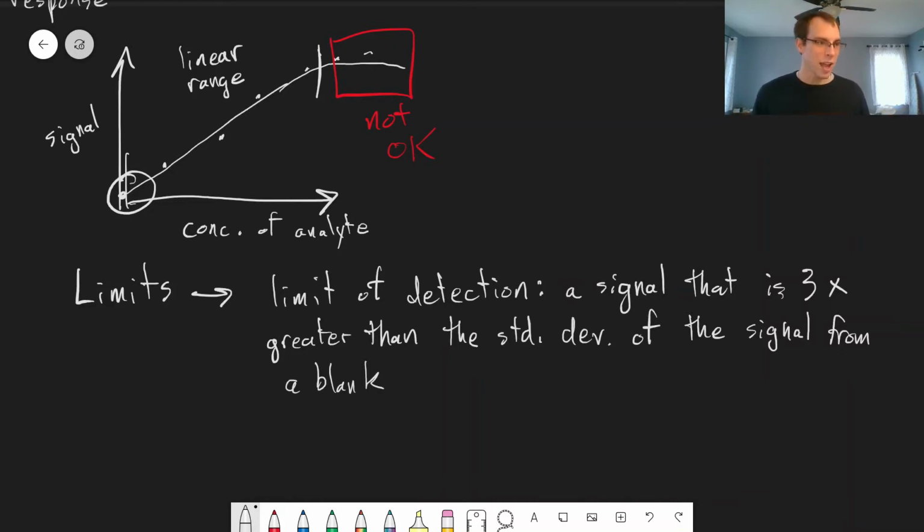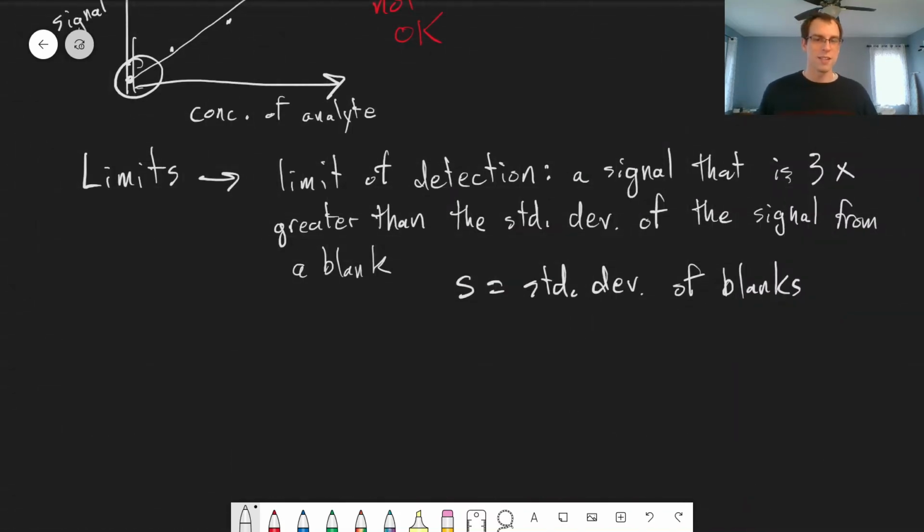Now, mathematically, how do we define this? We take S, which will be the standard deviation of a bunch of blank samples. And mathematically, we can state that the limit of detection would be 3 times S, divided by the slope of our calibration curve.